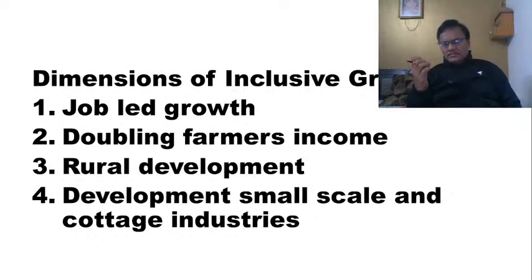We must provide productive employment to people in rural areas because agriculture is no longer a profitable, remunerative activity for them. We must focus on agro processing industries. We must focus on providing skills to the people in rural areas. We must focus on developing entrepreneurship among the people in rural areas.